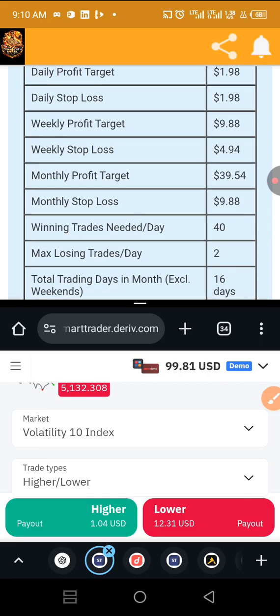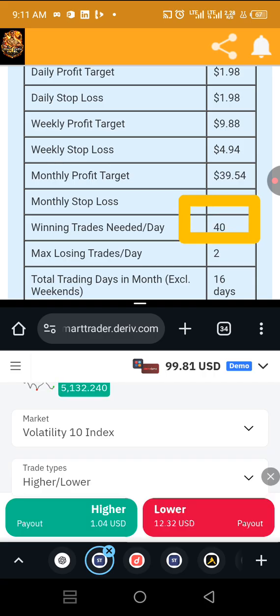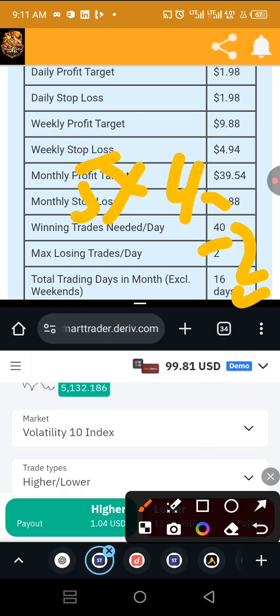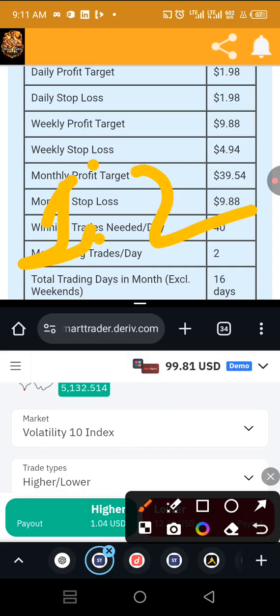What it says here is that, to win every day we need 40 trades, which is equivalent to 1:2, isn't it? Because by the time we calculate 5 cents, 5 times 4 will give you 20, which is $2. 0.05 times 40 is $2. So we are risking $1 to make $2, and our stop loss is $2 also.